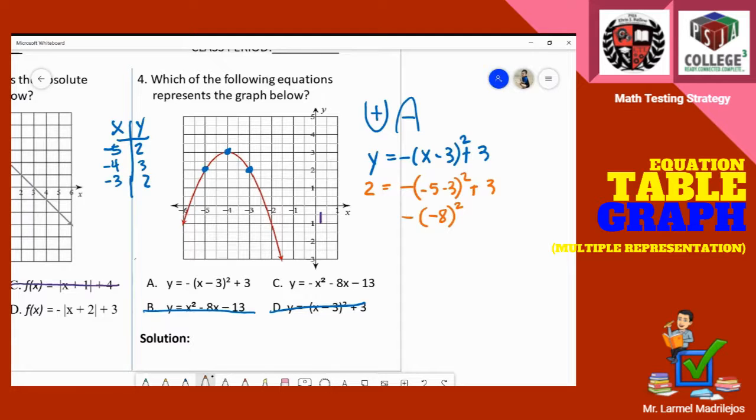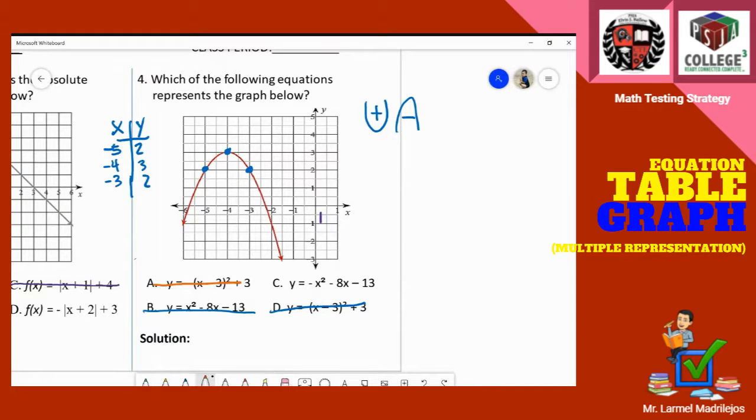Squared, 8 times 8 is 64. Negative, because there's a negative outside, plus 3. It's negative 61. Does this match this? It's no. So it's not this. Okay. Easy. Answer C. But let's verify at least 2 points. Looks like the answer is C. Yeah. Let's verify it just to show you that it matches.